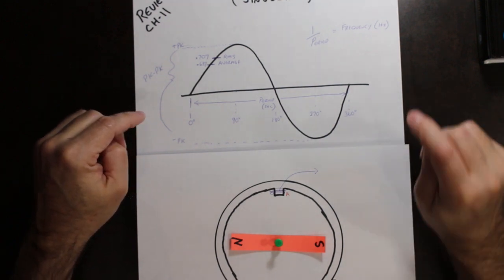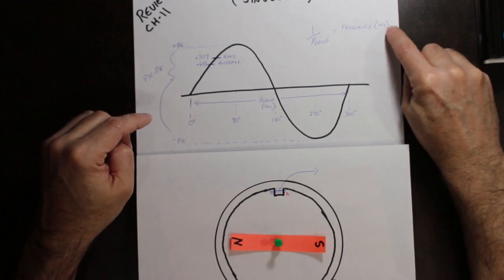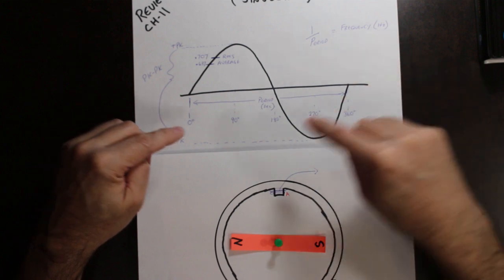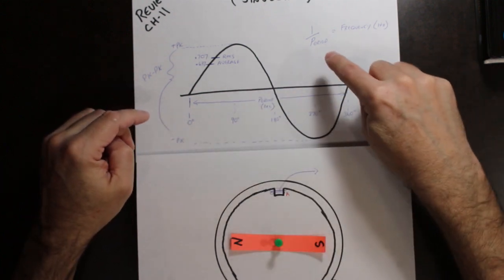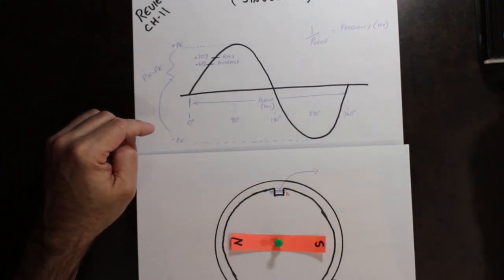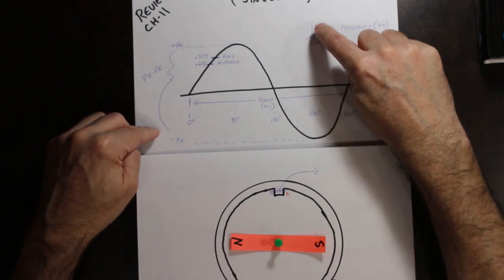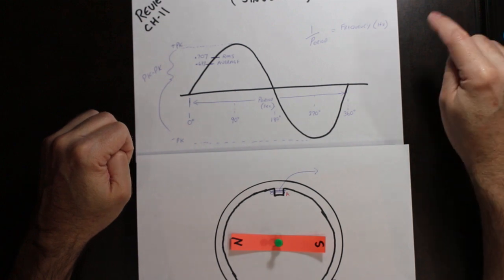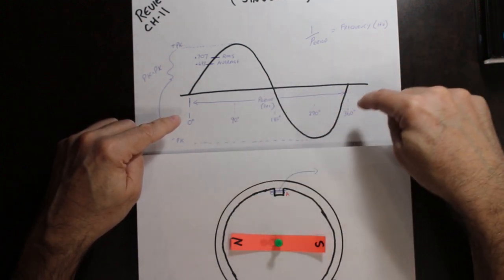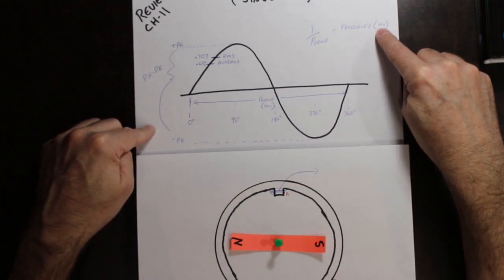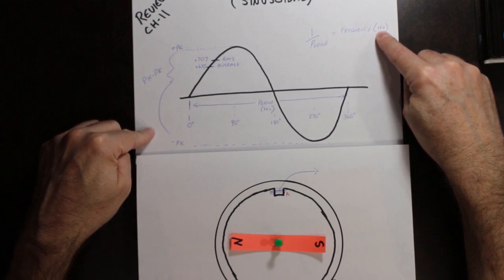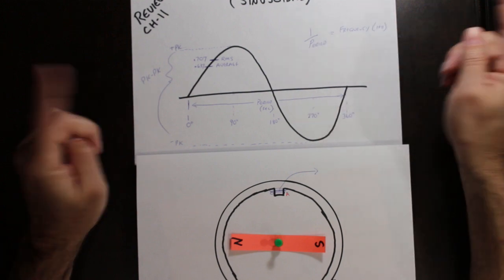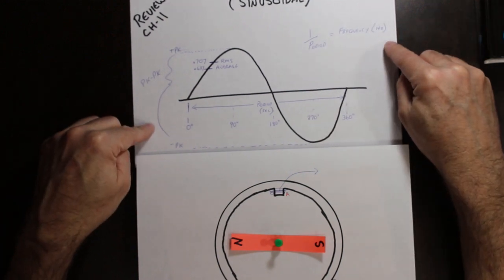The unit of frequency is the hertz. So frequency is times around, or periods per second. You can take a measurement of 1 over the period, which is how many cycles, or how many times around, it goes in 1 second. So frequency is equal to 1 over the period, or period is equal to 1 over the frequency.